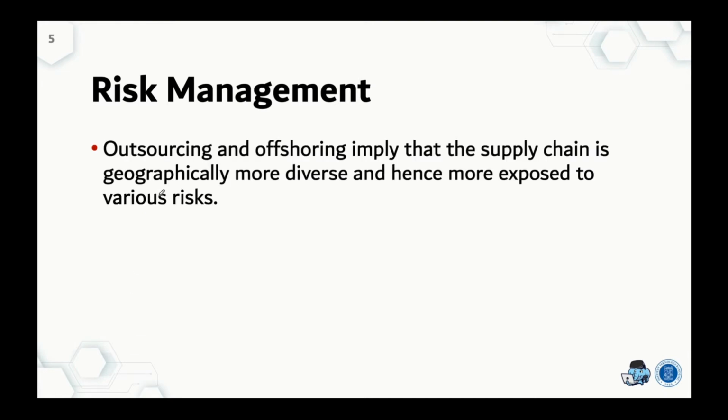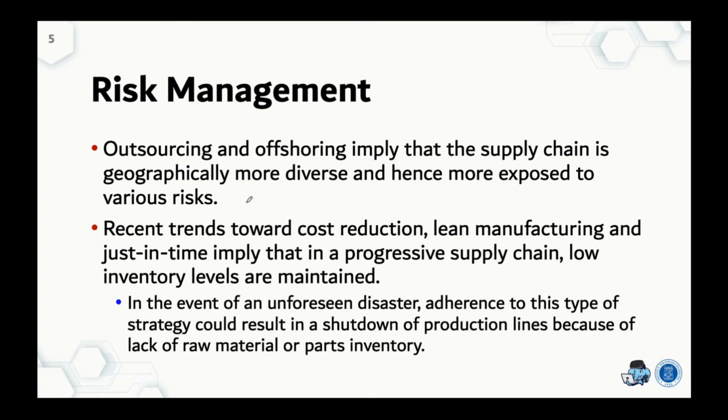In risk management, outsourcing and offshoring imply that the supply chain is geographically more diverse and also more exposed to various risks. The recent trend toward cost reduction and lean manufacturing, or just in time, implies that low inventory levels are maintained in the supply chain.